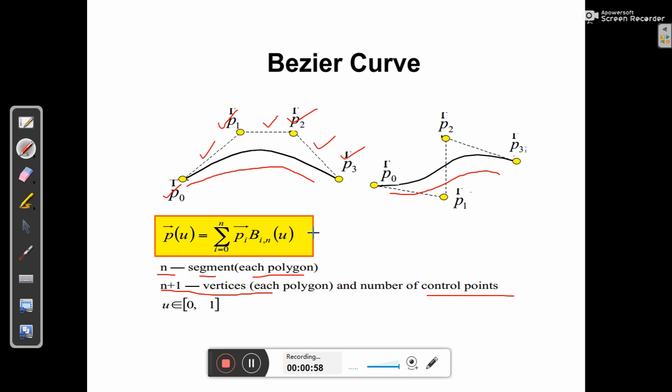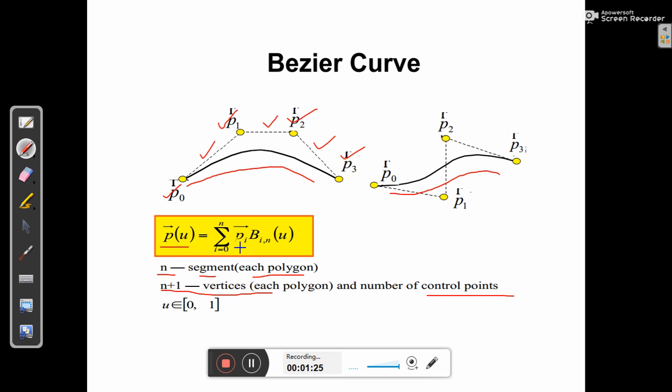a number of control points, and that is used by this equation, summation of Pi, that is the control points, times the B function of the Bezier curve. U is the parametric variable, which has values from 0 to 1.